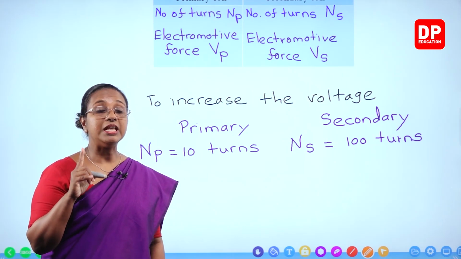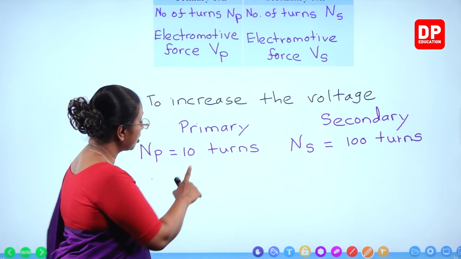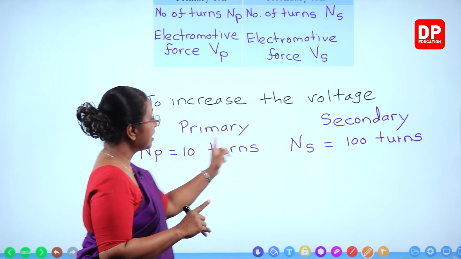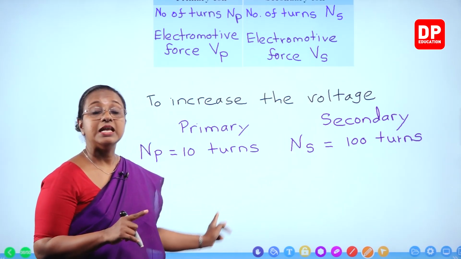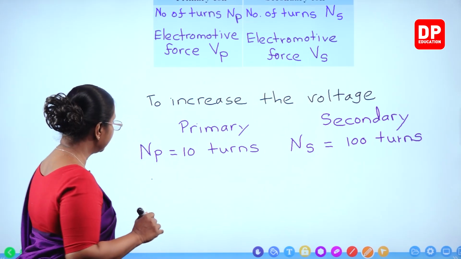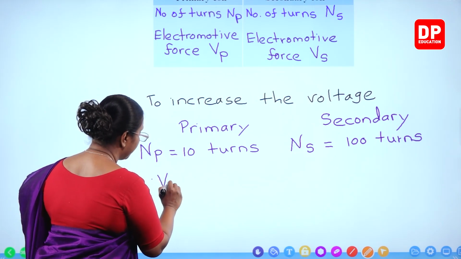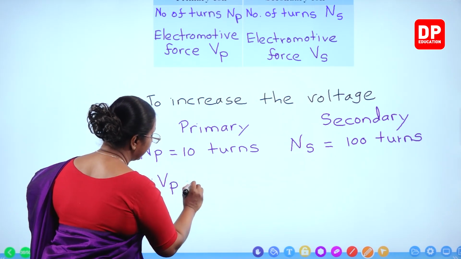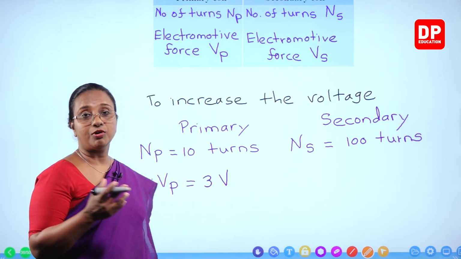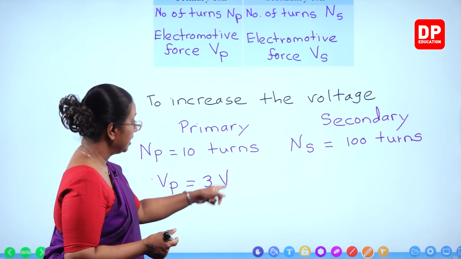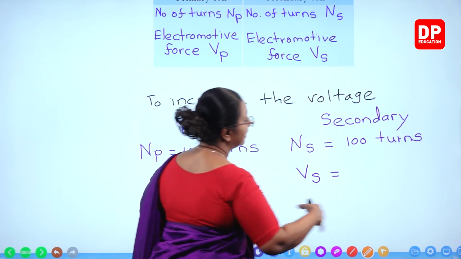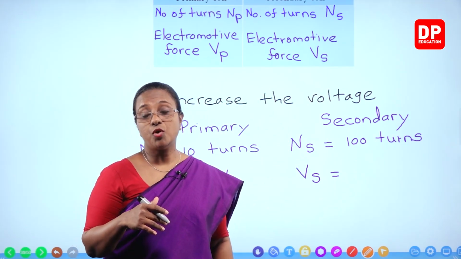So, you all know the induced electromotive force depends on the number of turns. It is directly proportional. So, when the number of turns increases, the induced electromotive force will increase. So, if you supply a voltage to the primary coil, let's say we supply 3 volts, then in the secondary coil you will get increased voltage.